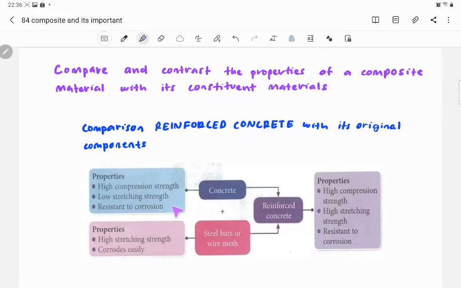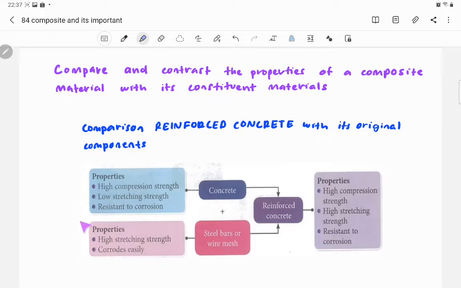So in order to overcome the disadvantage which is low stretching strength untuk concrete ni, kita tambah pula dengan steel bar or wire mesh, which is yang ni dia high stretching strength, but dia pun ada disadvantage which is corrodes easily.